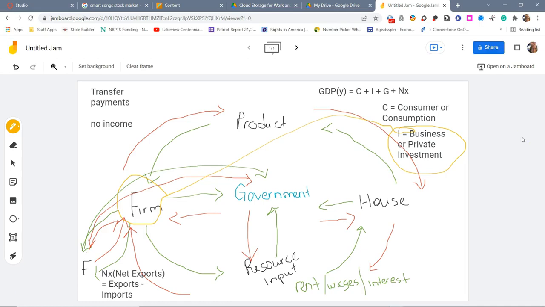All right. Then we have the third entity, G, which equals government. Now, government, they provide for our defense, they provide for education, they provide some health care. If you look at Social Security, they provide some Social Security, and they have some negotiation with the insurance companies. So they do play a part.